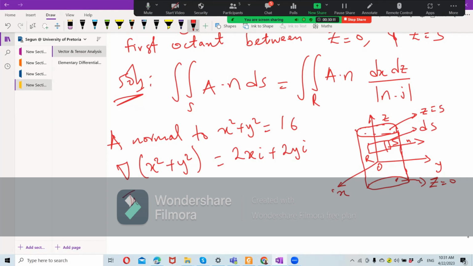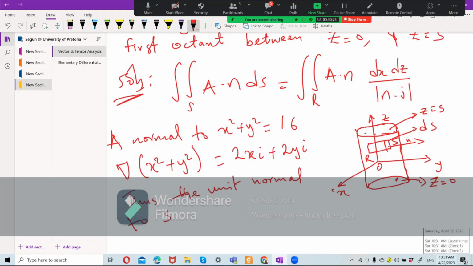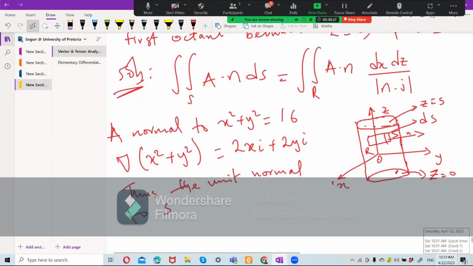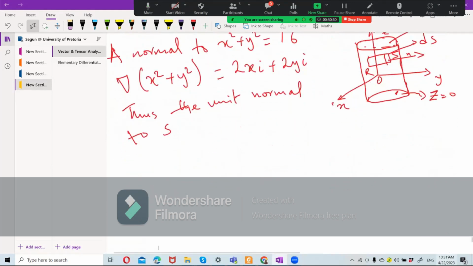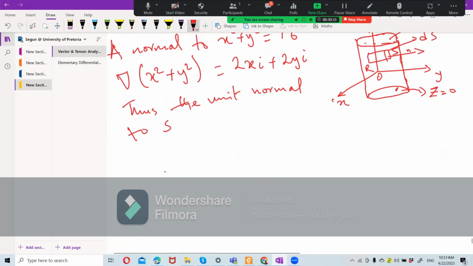So thus the unit normal to x, as shown in this particular figure that I tried to depict from here by adjoining each other.